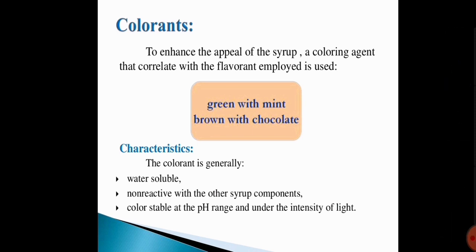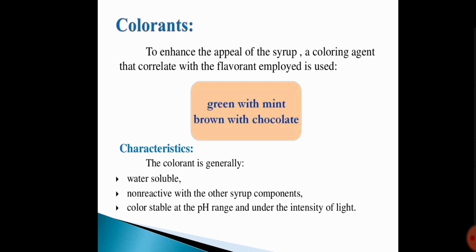Now the characteristics. The colorant is generally water soluble. If it is sparingly water soluble, then we have to add alcohol, as I have told you before. It must be non-reactive with other components. If we have one coloring agent and we have added a flavoring agent as well, both of these must not react with each other. Colorants, flavorants, preservatives and the whole syrup must have an enough range of pH so that it might survive for a very long time, for 3 to 4 years.